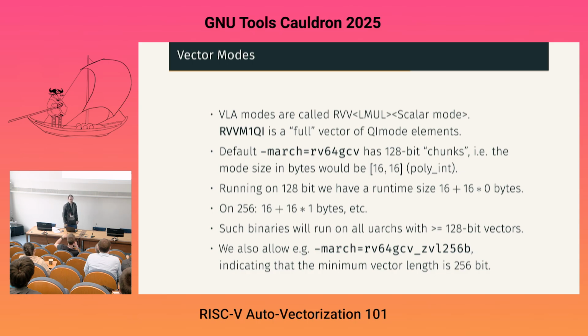So yes, it can do Neon-style vectorization. Yes, that's what we also support. It's not a real first-class citizen. There's some bugs there still. So right now, if you specify a fixed vector length, at some point it will generate worse code than with this option. There are known bugs there that we just have to fix. But ideally, yes, the code with a fixed vector length is always better because you can have better assumptions. So that's how it works.